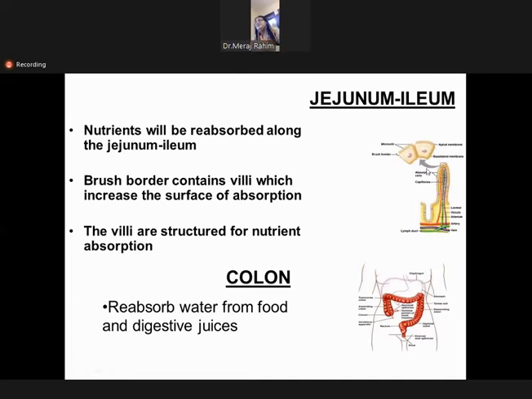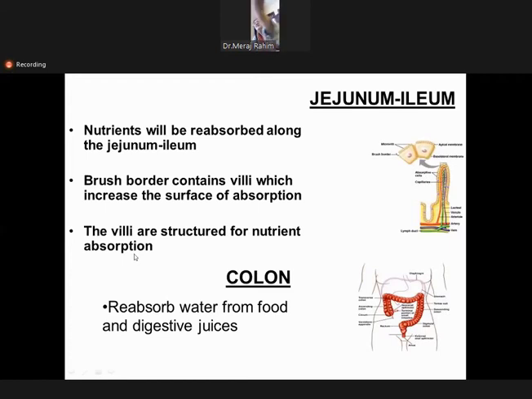You can see the villi, and they have the capability of increasing the absorption because they are in folded form. So there are a lot of enzymes secreted by the brush border, which I have just mentioned, that simplify the food into glucose and fatty acids.